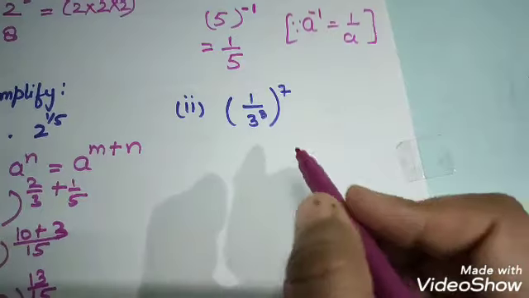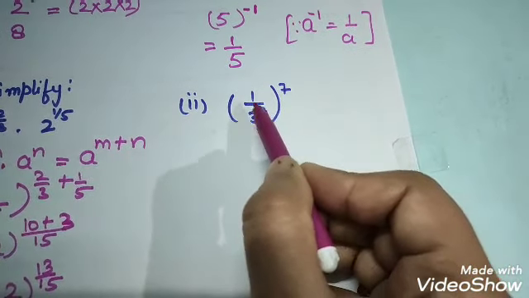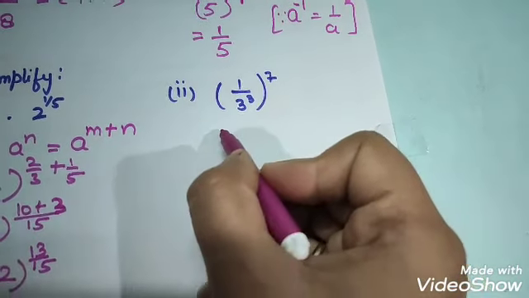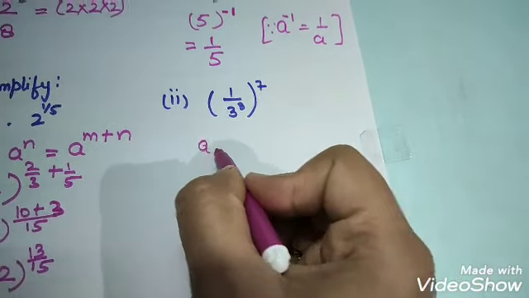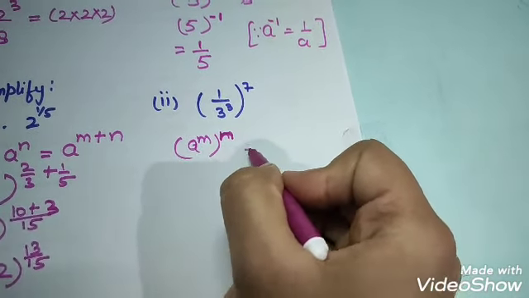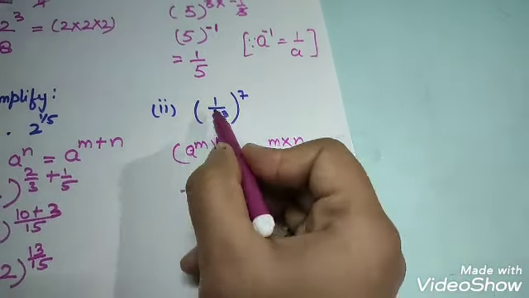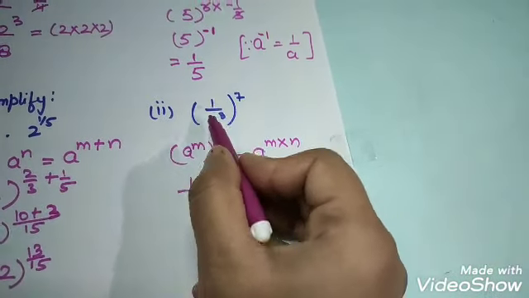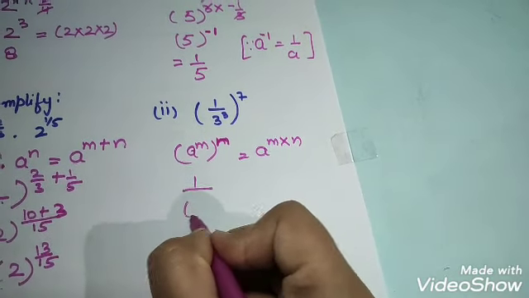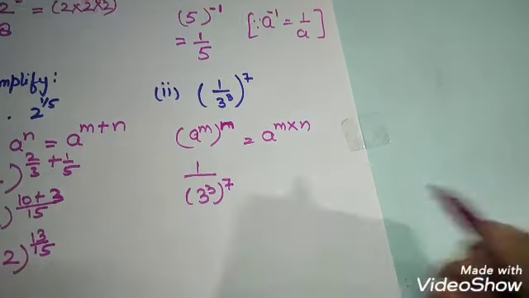So the next part is 1 divided by 3 to the power 3, to the whole power 7. So what does it mean? Look, this is the same formula we have used for this. A to the power m to the power n will become a to the power m multiplied by n. So now look here, 1 to the power 7 is 1. So 1 upon 3 to the power 3, to the whole power 7.